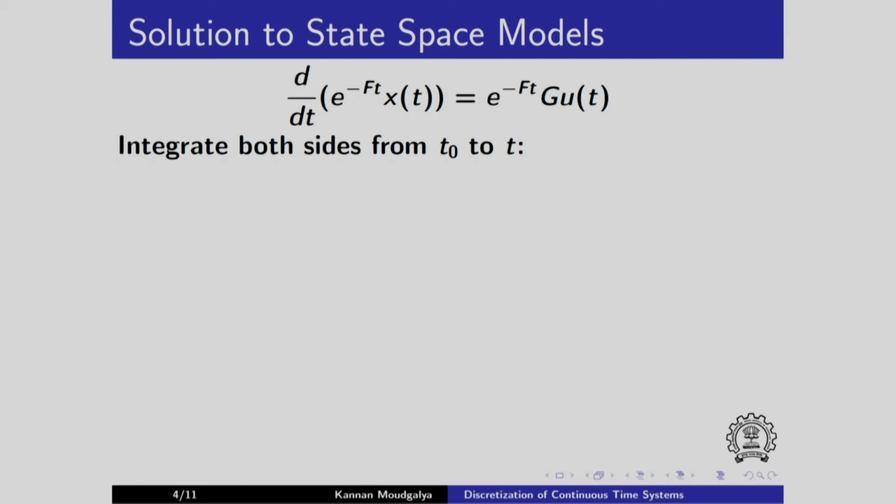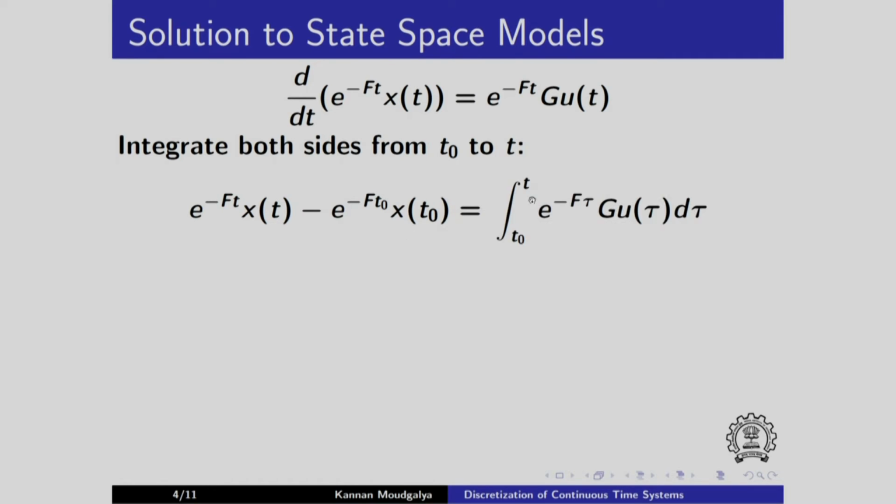We will now integrate both sides from t0 to t, where t0 and t are arbitrary at this point. Because it is a total derivative, when you integrate it you get this value at final time minus this value at the initial time, equals, this is just written as an integral. We will not simplify it now.